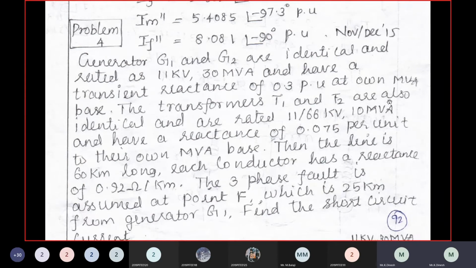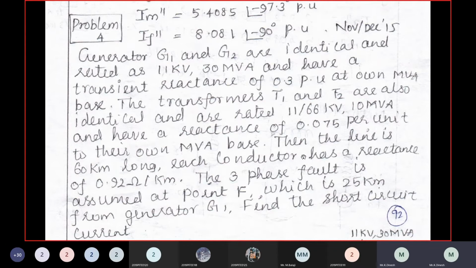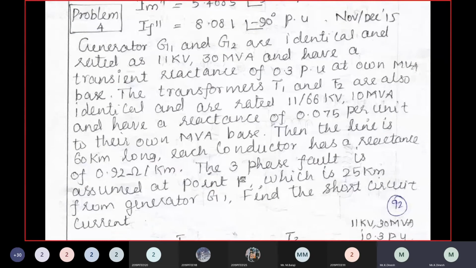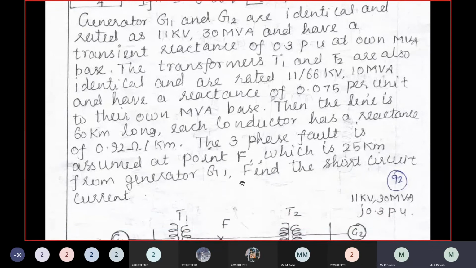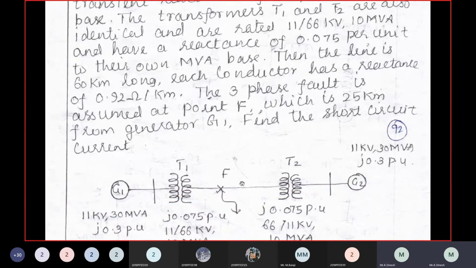Transformers T1 and T2 are also identical and are rated 11/66 kV, 10 MVA, and have a reactance of 0.075 per unit on their own MVA base. The line is 60 km long. Each conductor has a reactance of 0.9 per kilometer. A three-phase fault occurs at point F, 25 km from the generator. Find the short circuit current.